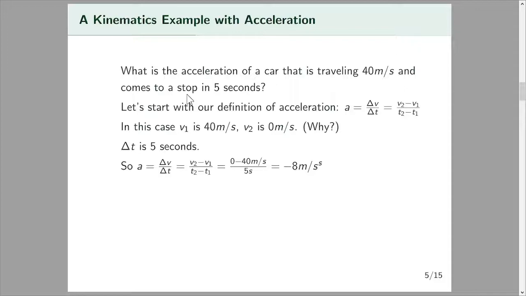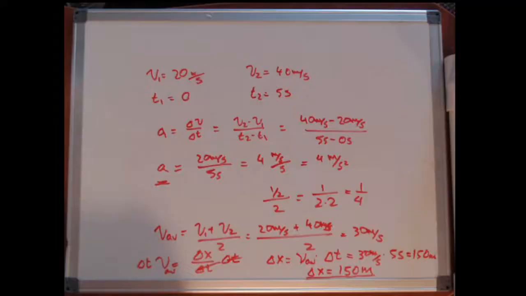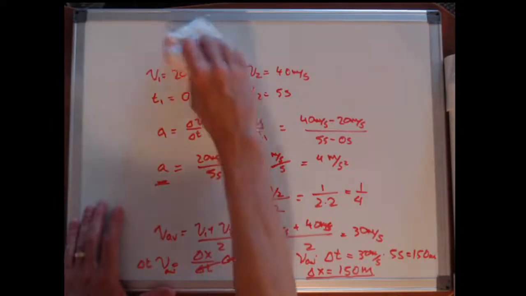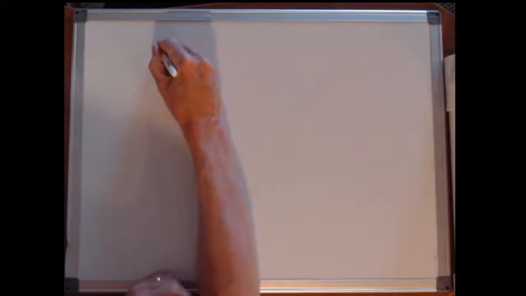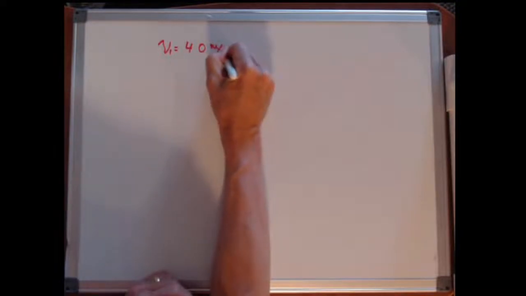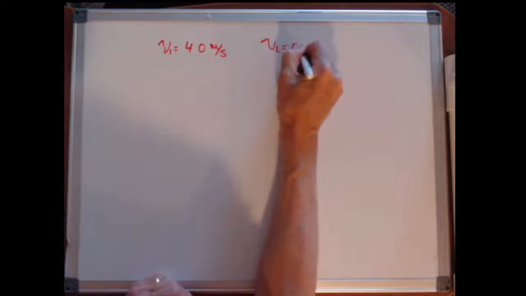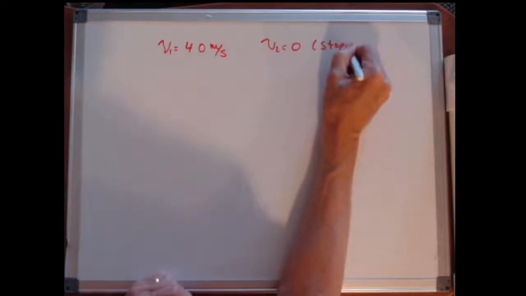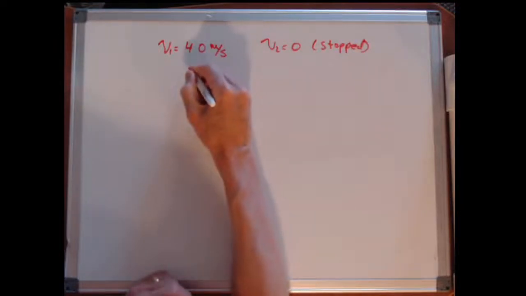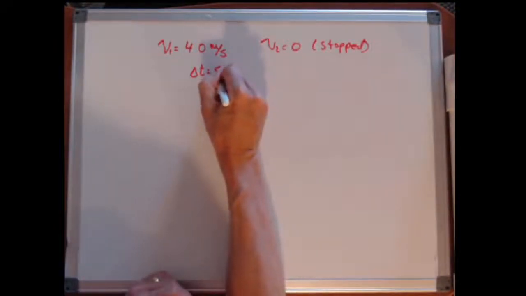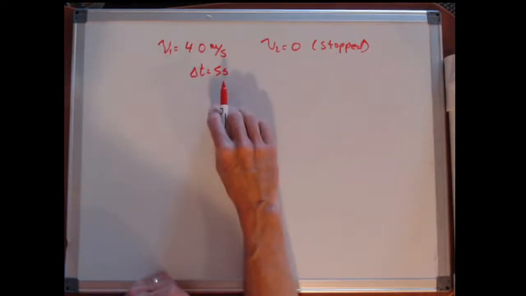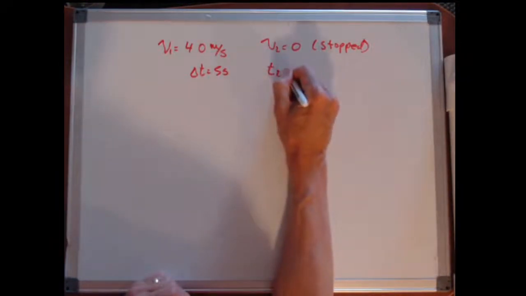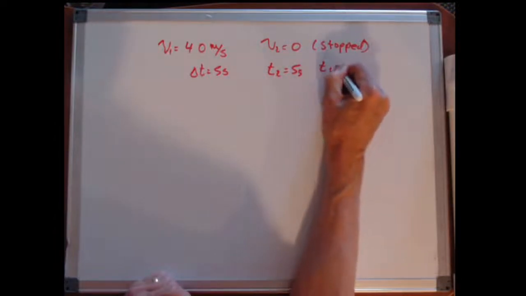So let's just work this out on the board here. In this problem, v1 is 40 meters per second, and v2 is equal to 0 because it stopped. All it really tells us is that delta t is 5 seconds. That's how long it took. If I wanted to, I could say t2 is 5 seconds and t1 is 0.